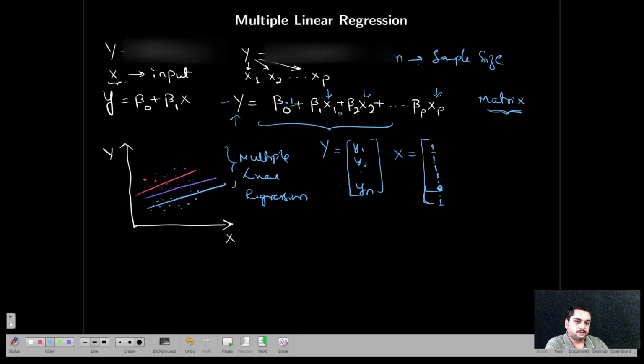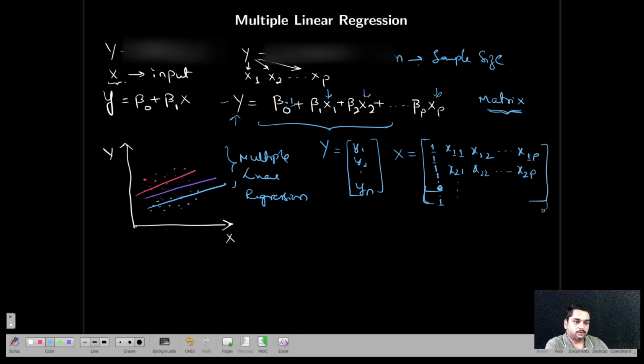Next, this is x1, and it is variable 1. Let us represent it as x11, then x12, so on up to x1p, the last one. Then you will write the second row, x21, x22, so on up to x2p.